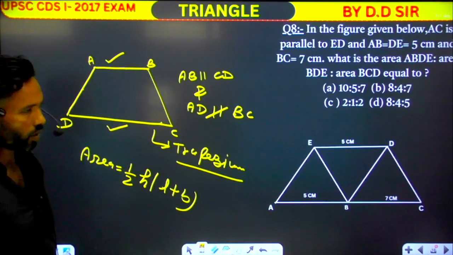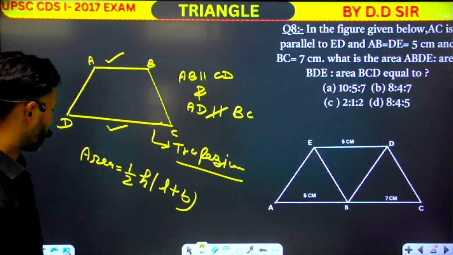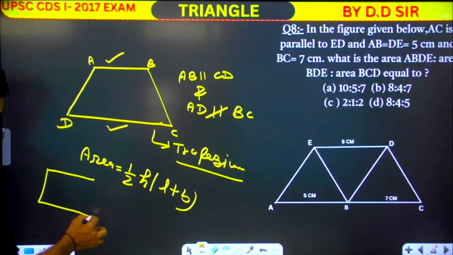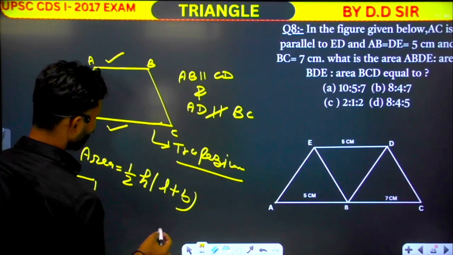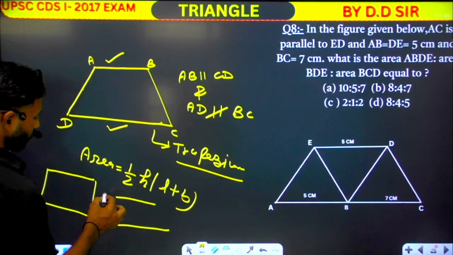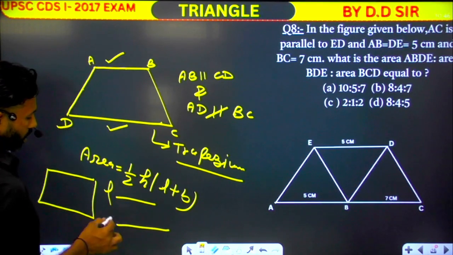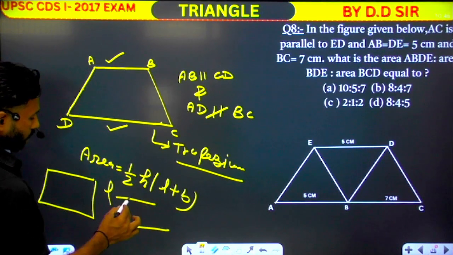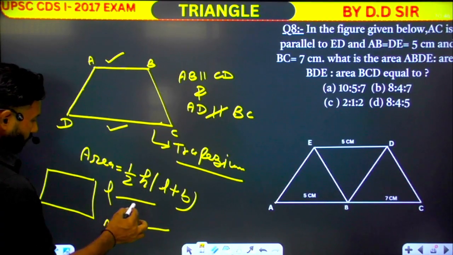One more property I want to tell you, which will be applied in this particular question. The property says that if these are two lines, and these two lines are parallel, then the area of all the triangles you form between these two parallel lines will be equal. What do I mean to say?